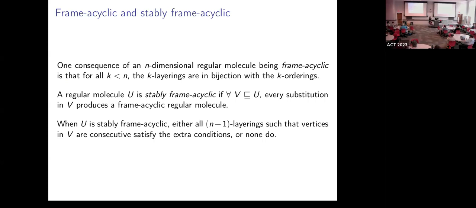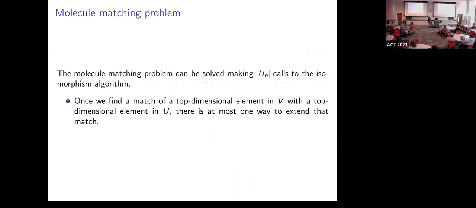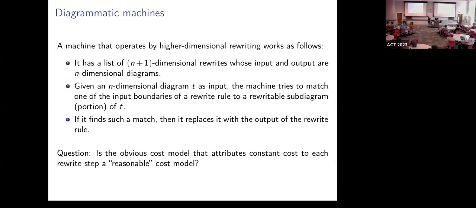But with the molecule matching algorithm, we do make the runtime analysis by considering the rewrites in V. By considering the n+1 dimensional rewrites as constant time, as an overhead, because this is something that you will always do. You have them there in your list of rewrites, so then you only need to consider the new diagrams that you feed into the machine.